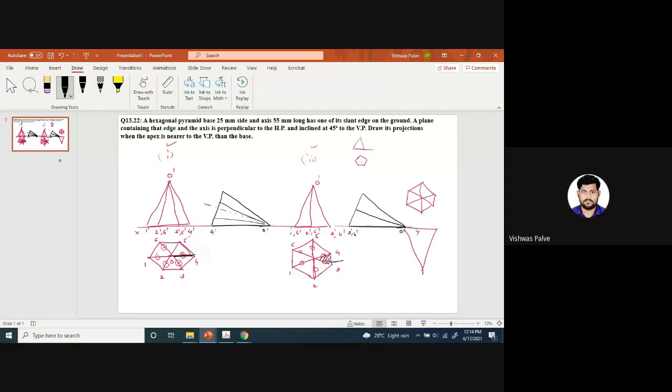This is called the triangular face, whereas this is called the slant edge. So in a question, you have to identify whether the object is going to rest on a slant edge or on a triangular face.